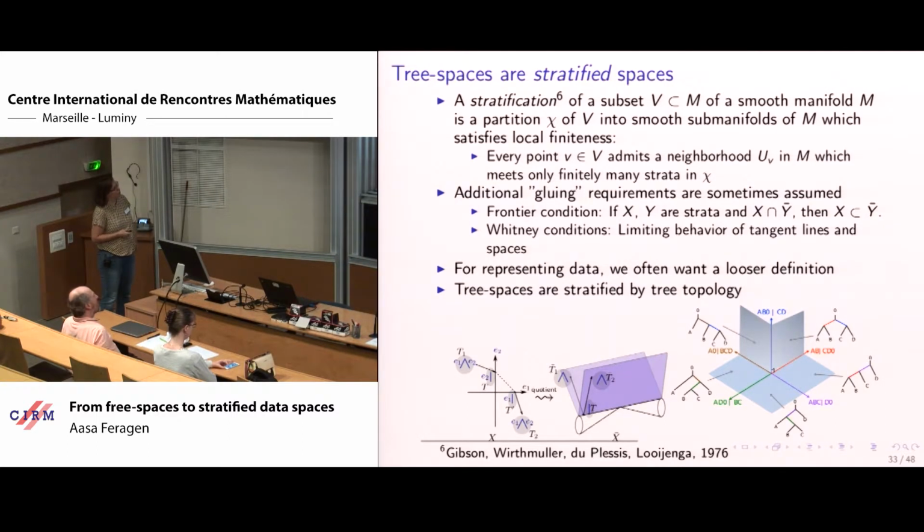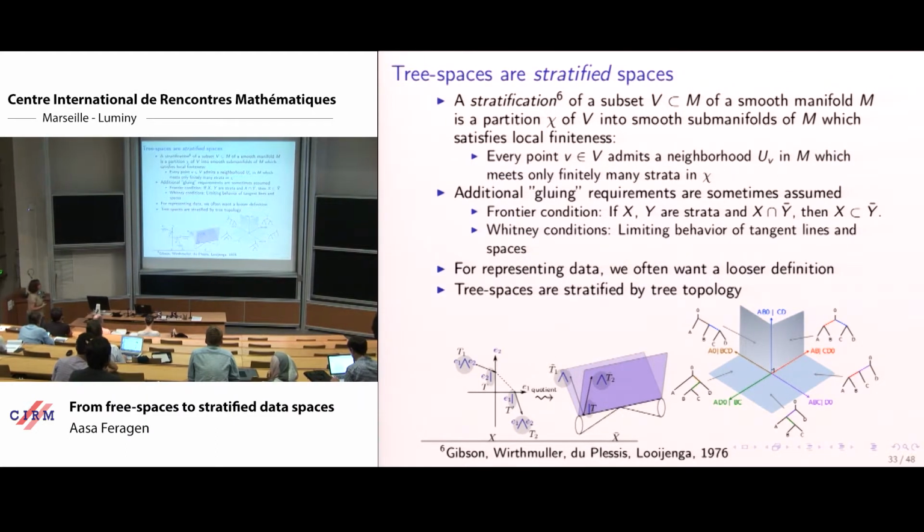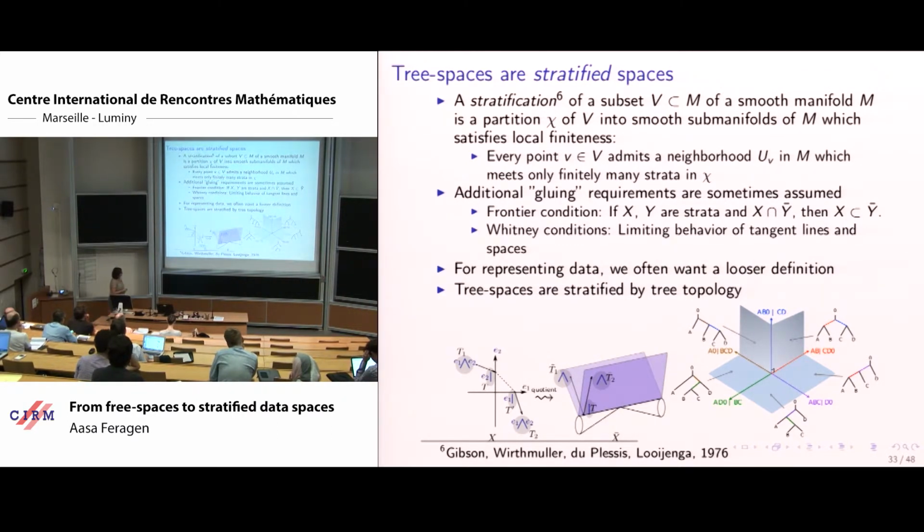glued together. So for instance, in the tree space, you would hope to have a stratification by tree topology. And then you can see it makes sense to envision that these are actually nicely glued together. In fact, they're glued together along linear subspaces. Now, when we represent data, I think we often want a slightly looser definition than what's used in singularity theory.